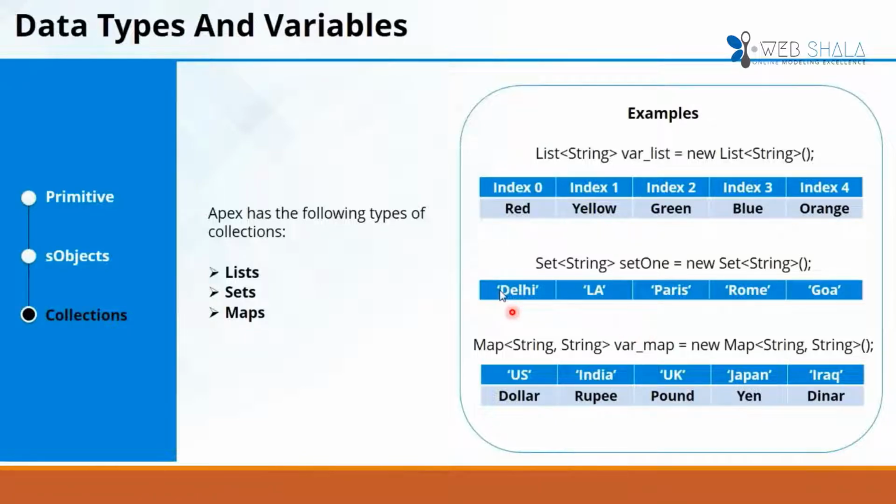The next is set. The difference between list and set is that set is not ordered. There is no order. If I'm creating a set of string, set1 or any variable name equal to new Set<String>, and I am putting all the values here, and I try to print, every time it can print in a different way.